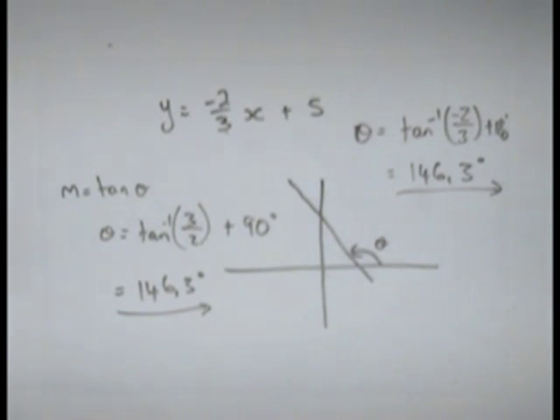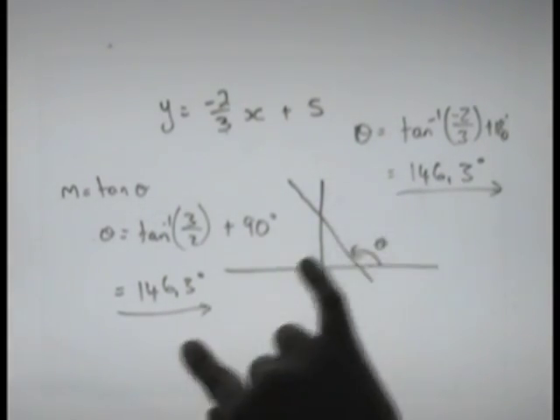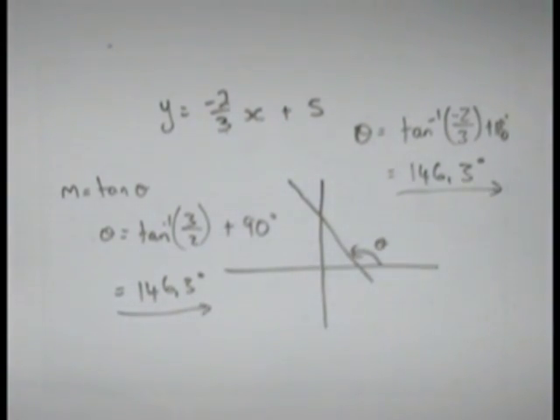It doesn't matter whether we did the inverse gradient or the positive gradient plus 90 degrees, or the original gradient plus 180 degrees, it both gives us the same angle.